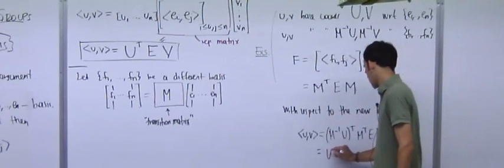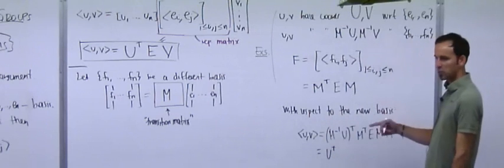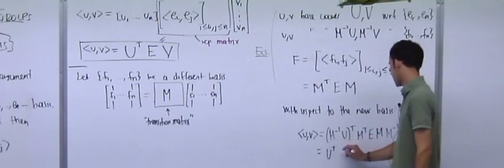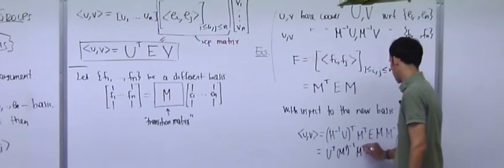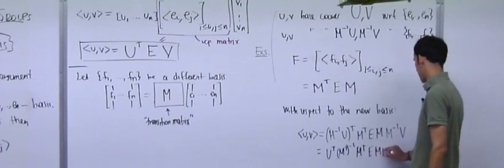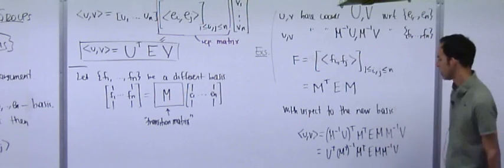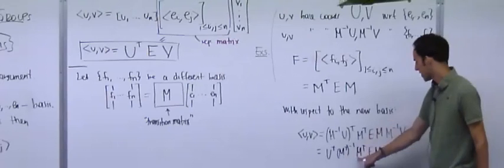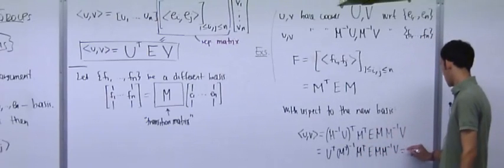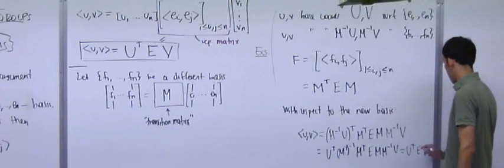So you get U transpose. Now inverses and transposes commute with each other, so you might as well call this M transpose inverse. M transpose E M M inverse V. And everything cancels that you need to cancel. This cancels with this, cancels with this, and you get U transpose EV.